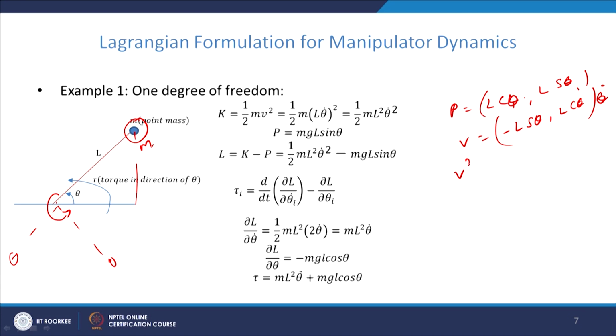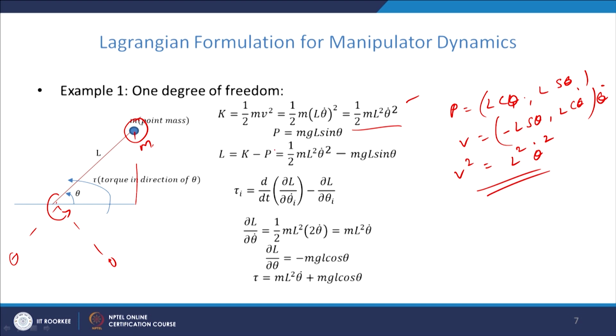We can see that the velocity square is the modulus square of the vector. So, that gives L square and then theta dot square. So, half into mass into V square is given by half into m into L square theta dot square. It is the kinetic energy.